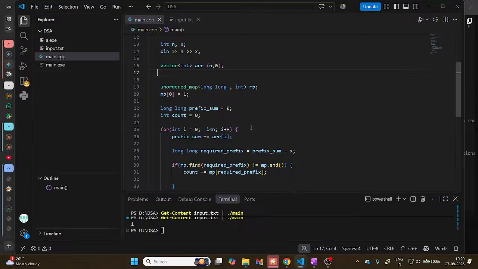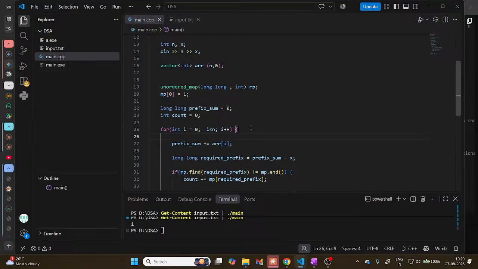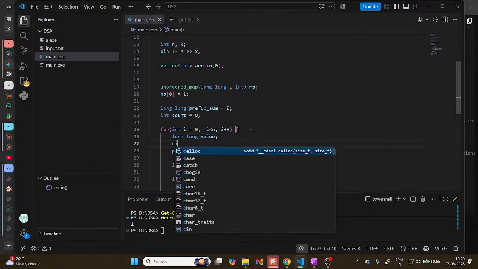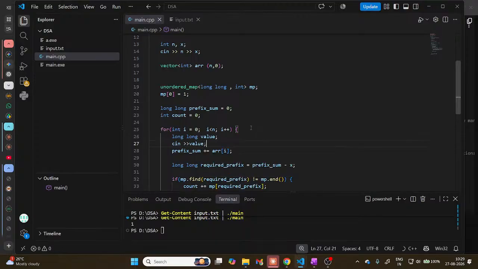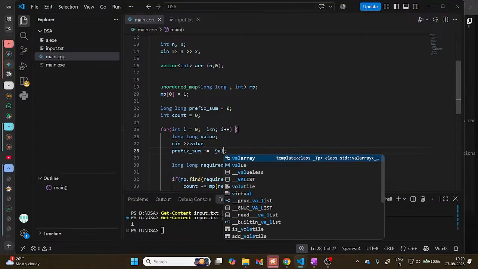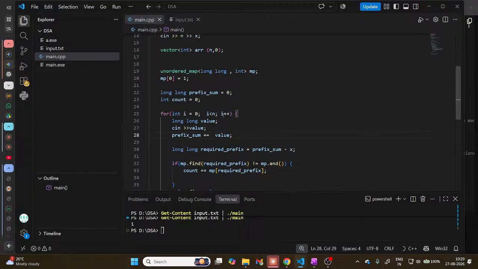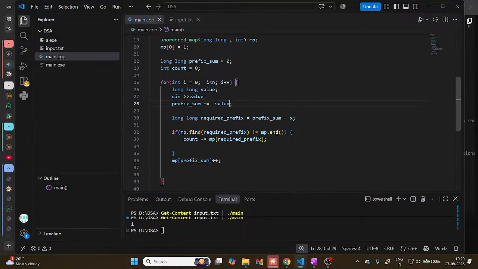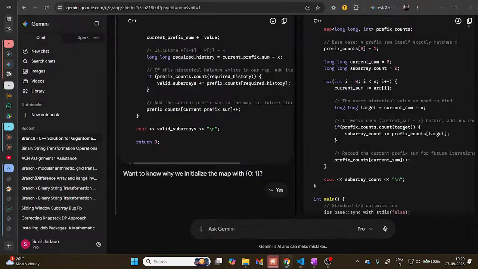What we need is this for loop, and in this for loop we have this long value and cin value, right? And this is value here, not end. Okay, so count we will do.